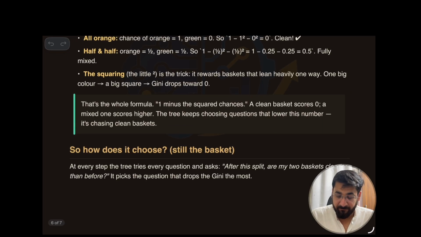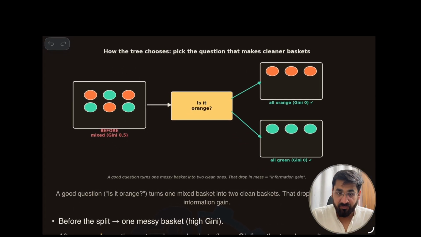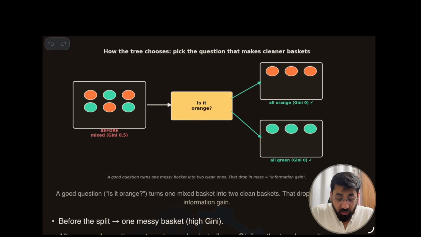Okay, this is the diagram, and how the quality of the question in a decision tree matters. So we have these balls, they are mixed. Just one question, is it orange? Completely pure. Now you can understand, a good question turns a messy basket into two clean ones. That drops the mess, information gain.